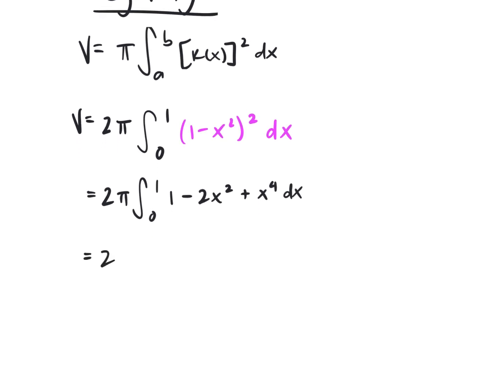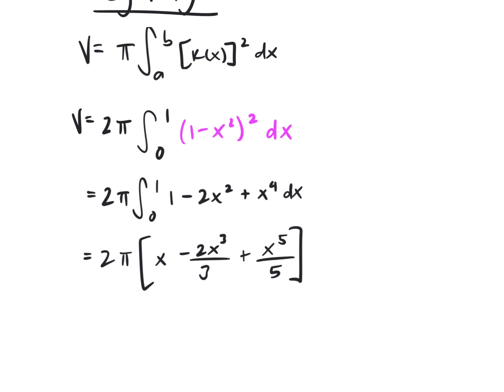So I've got 2 pi. What is the integral of 1? X. What is the integral of negative 2x squared? Yep, negative 2 over 3, x to the third. What about x to the fourth? X to the fifth over 5.